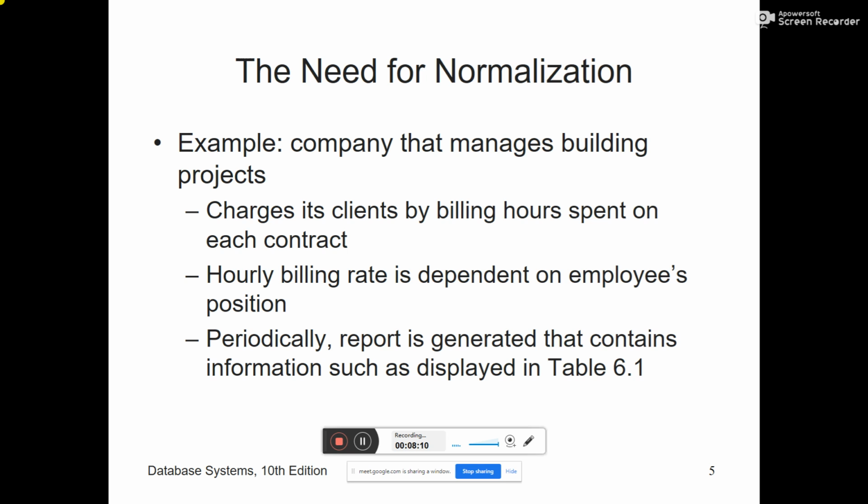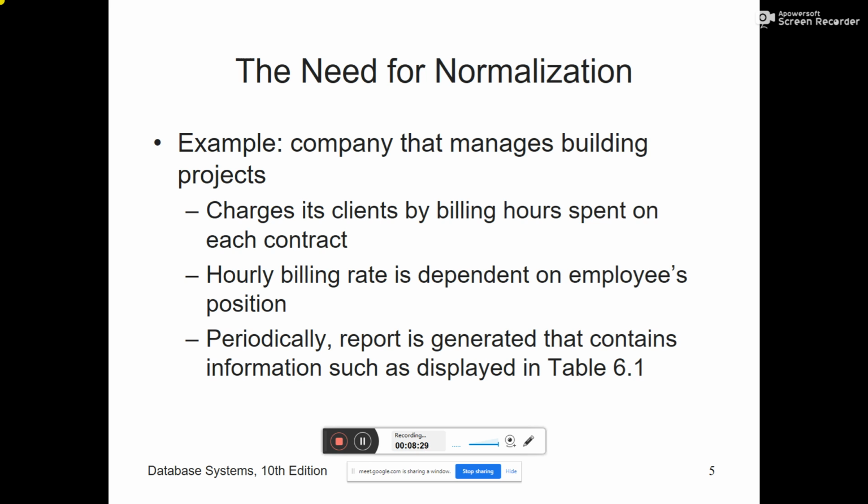Each project has its own project name and project number, assigned employees, and how many employees are working on that project. Each employee has an employee number, name, and job classification, like if this employee is an engineer or a technician.